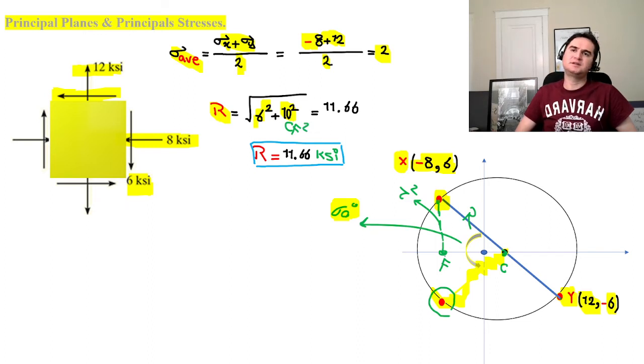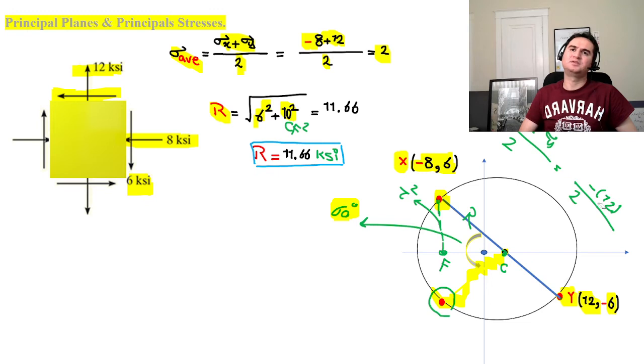And CF is simply sigma x minus sigma y over 2. Sigma x is negative 8, sigma y is positive 12.